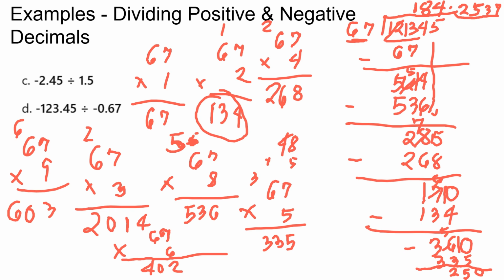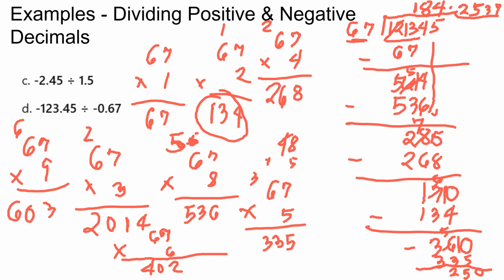But we can actually round our answer to two decimal places. Why did I say that? Rounding to two decimal places means hundredths place.